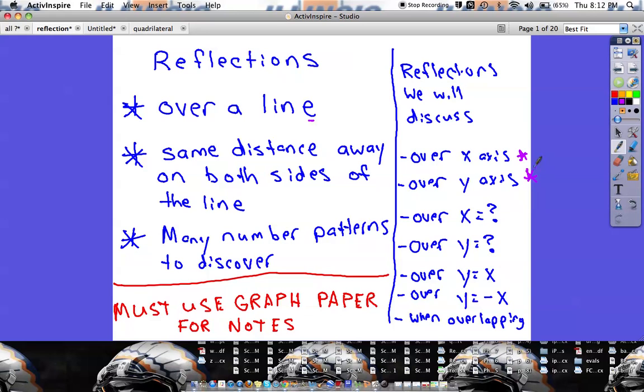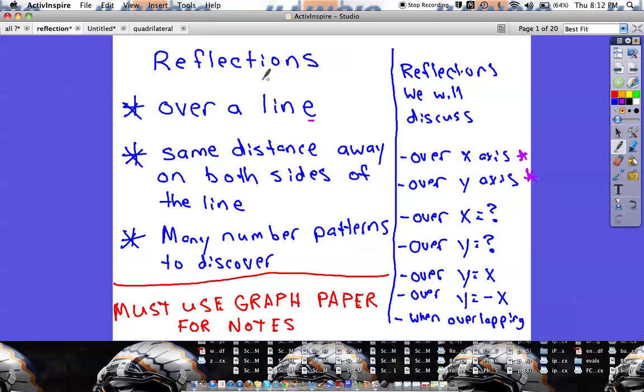It gets more tricky when we have to reflect it over an x equals line, a y equals line, a y equals x line, a y equals negative x line, and then when the shape or the point is overlapping the line that you're trying to reflect it over. So this part will be a little bit more difficult. This part will be pretty simple and intuitive, but hopefully once we talk about these, they'll be as simple to do as this up here.